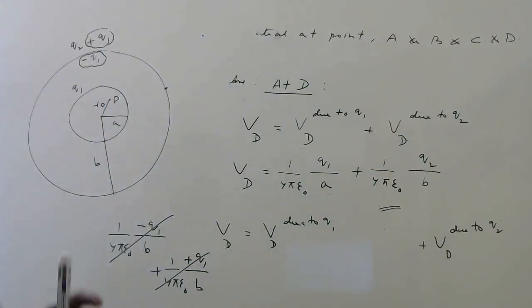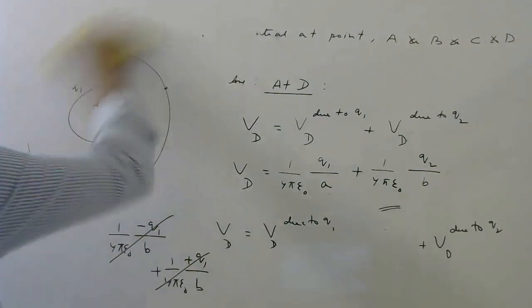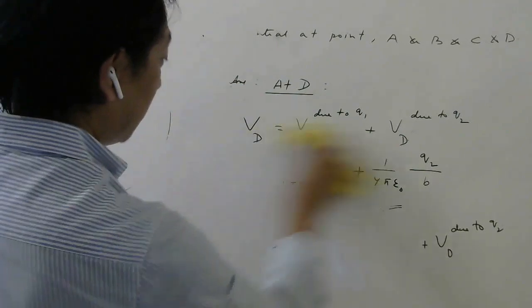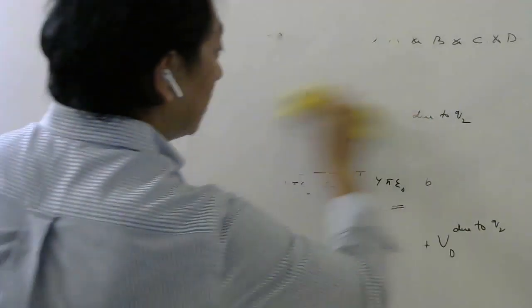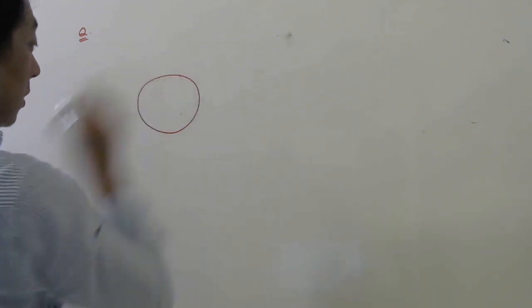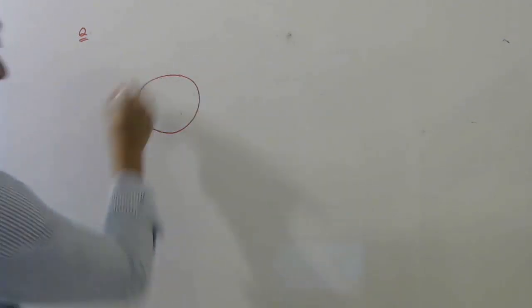But sometimes it will become important for you to consider the distribution of charge. Let me give you one example where in some cases you have to consider the distribution of charge also. So look carefully here, next question. Suppose I give you a hollow conductor.